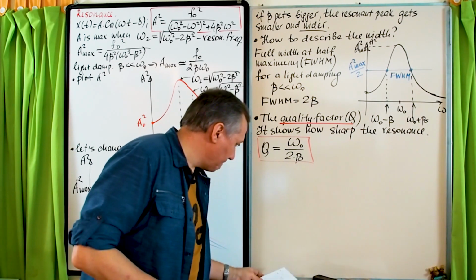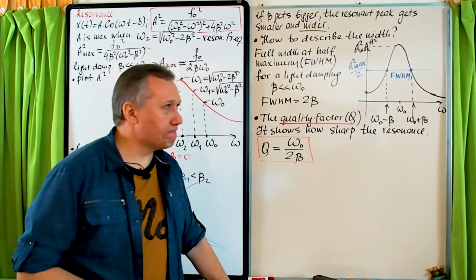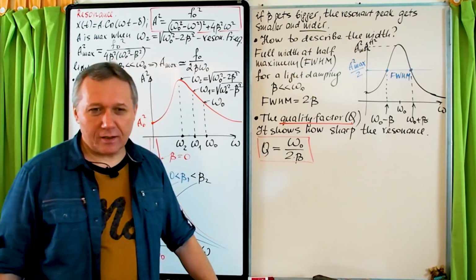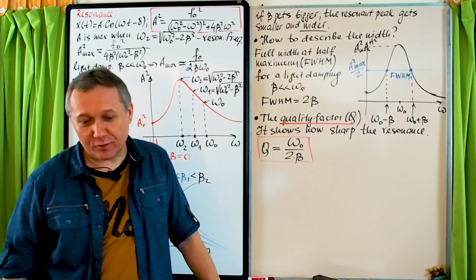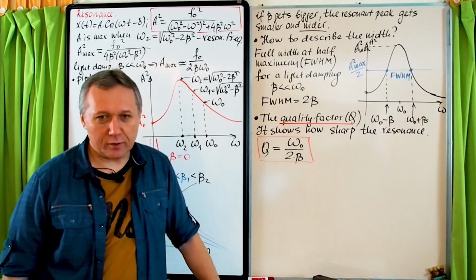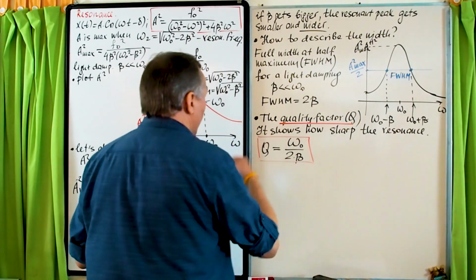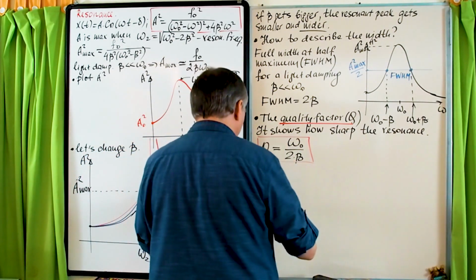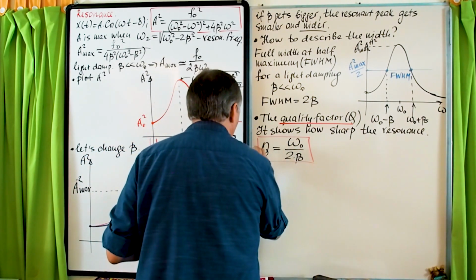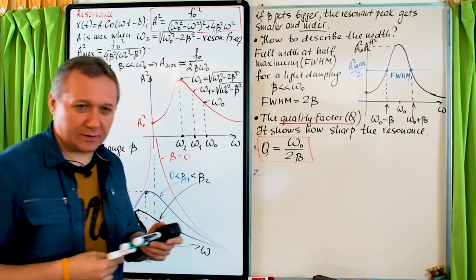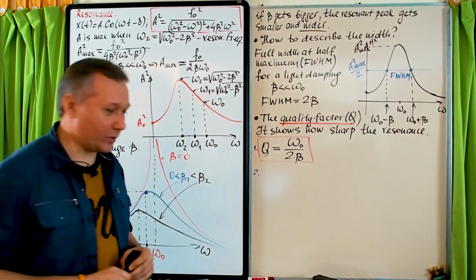Let me first give you a second expression which can be used to find the quality factor, and then I'll tell you when I first heard about this and started using it. So this is the first way, and now the second way of calculating the quality factor.